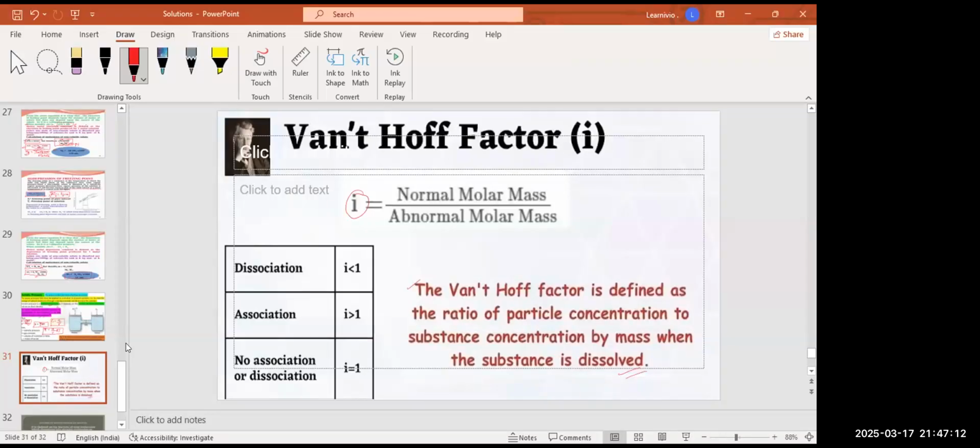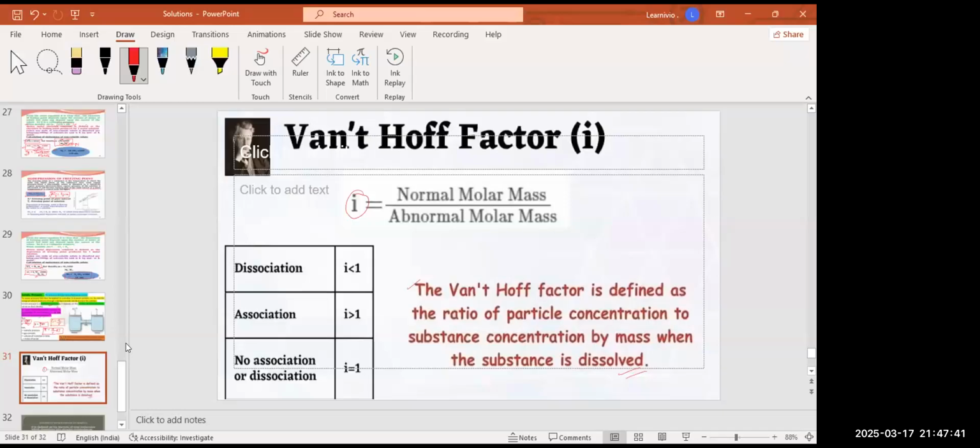So basically i equals normal molar mass upon abnormal molar mass. Now what is abnormal molar mass? Tell me, Mira, what is abnormal molar mass? Ma'am, the molar mass which we consider before dissociation or association.